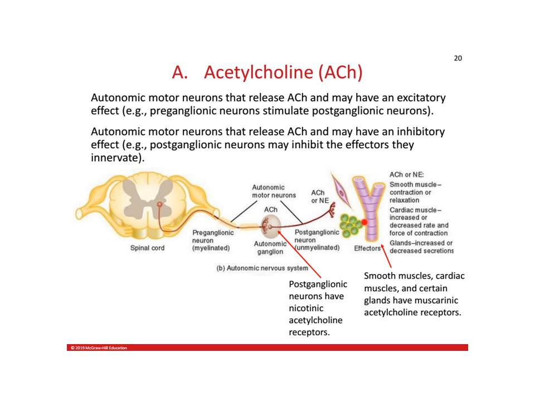So here we're showing a variety of effectors. Autonomic motor neurons can go to lots of different effectors. On the target or effector, they'll often have an inhibitory effect. They'll innervate, for example, smooth muscles, cardiac muscle, and certain glands. And often these postsynaptic targets will have muscarinic acetylcholine receptors.